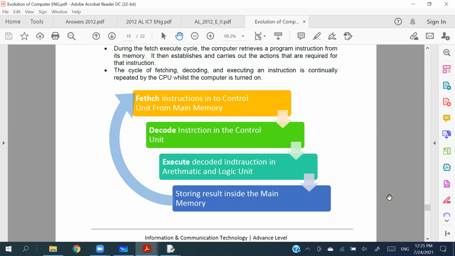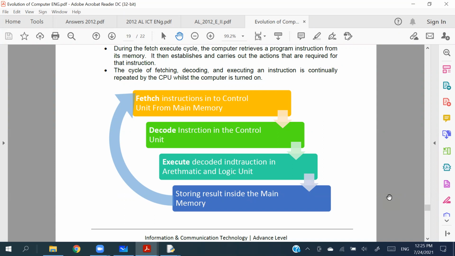Registers are also involved in between, right? But if we take the outer, rough picture, we take data from the main memory, that means fetching, it is decoded and executed, then again stored inside the main memory as the last point. If you are asked to draw the fetch execute cycle, this is the diagram we need to draw. You can draw it as a cycle or as a row.